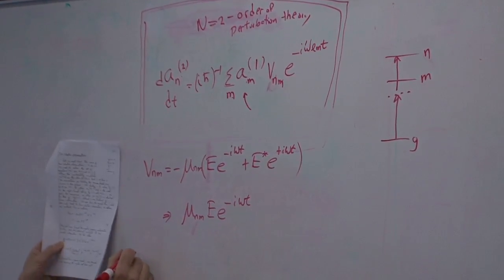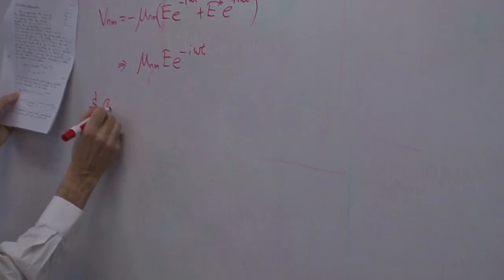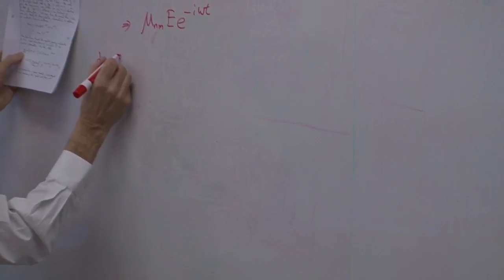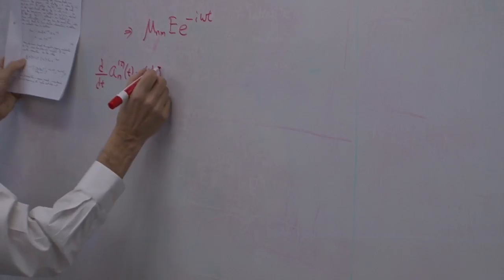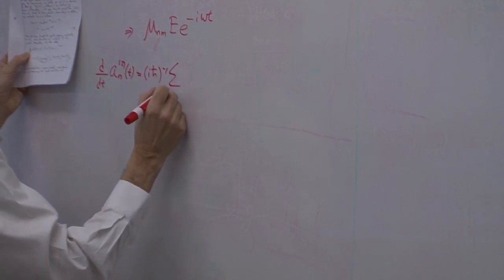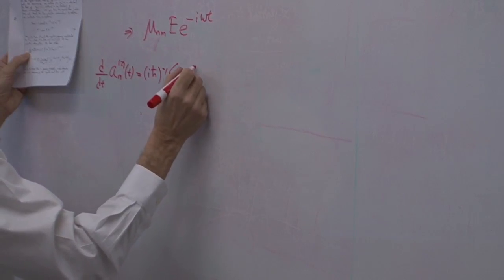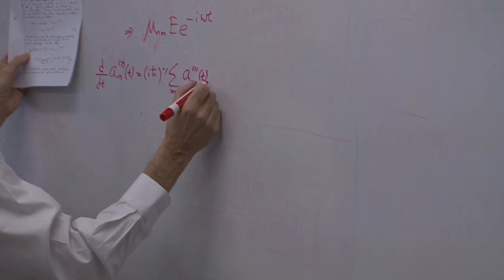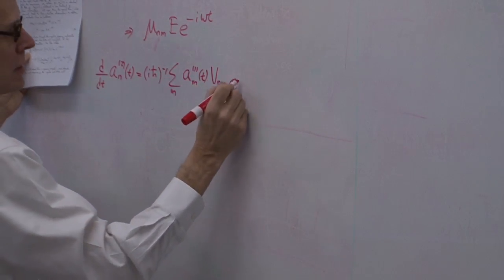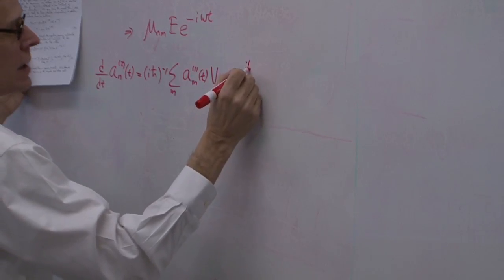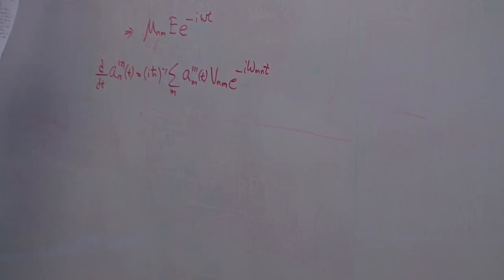Okay, so then this equation becomes d by dt of a_n^2 of t equals i h bar to the minus 1, sum over m, a_m^1 of t, V_nm e to the minus i omega_mn t.